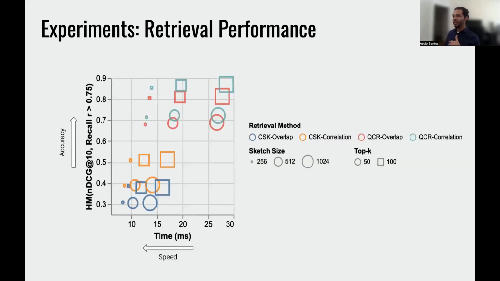And just another view of the same data here, we are plotting them in 2 dimensions. Here we have speed versus the accuracy metric. Basically, we are measuring both recall and precision of the ranking. We want things to be in the top left, which is where we have the maximum accuracy and the maximum speed. Each point here, the size of the shape, is essentially the number of entries in the sketch.